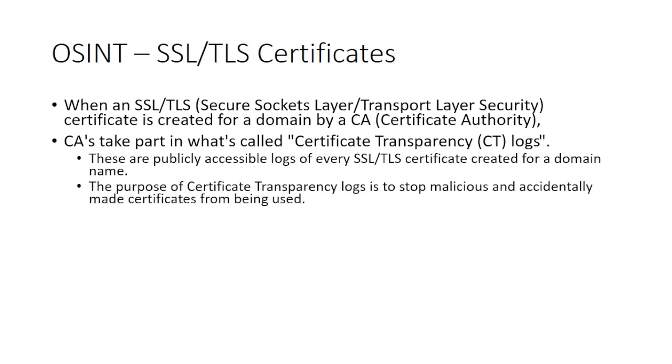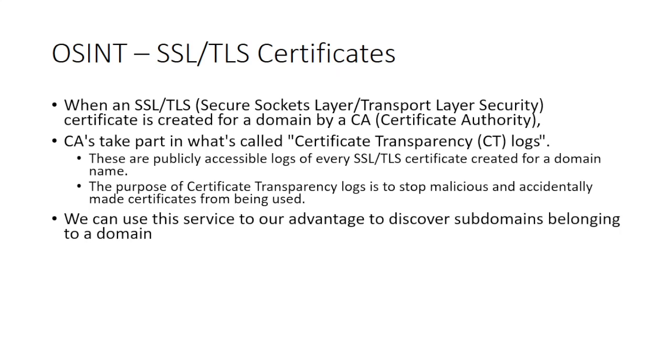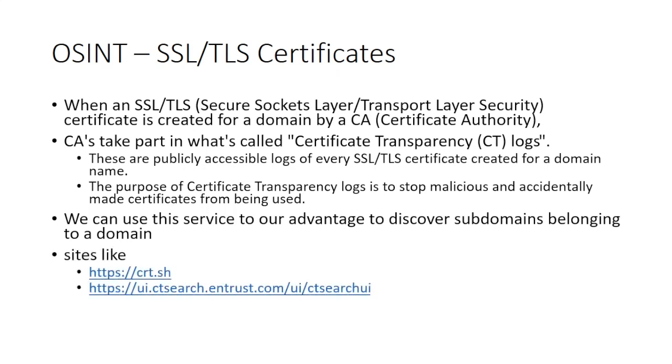The purpose of this is to stop malicious and accidentally made certificates from being used. We can use this service to our advantage to discover subdomains belonging to a domain. For example, we can search on sites like these two, as they offer searchable databases of certificates that show current and historical results.